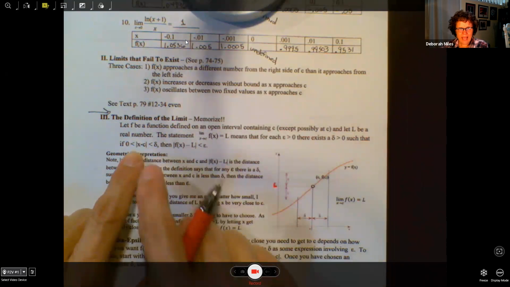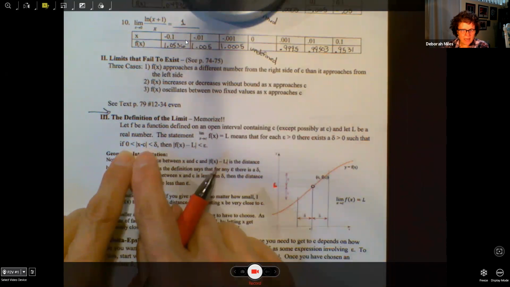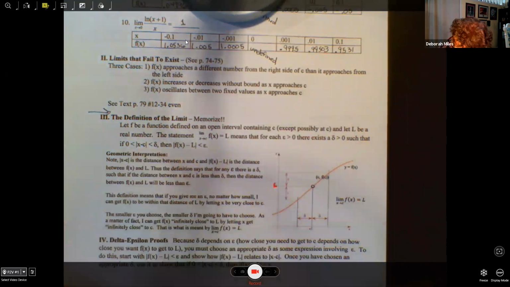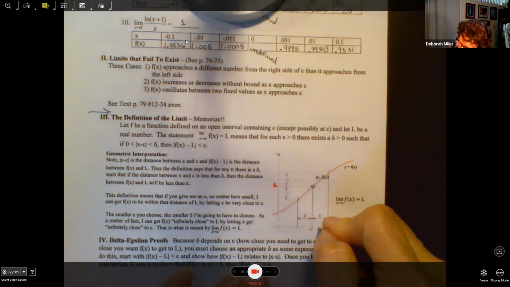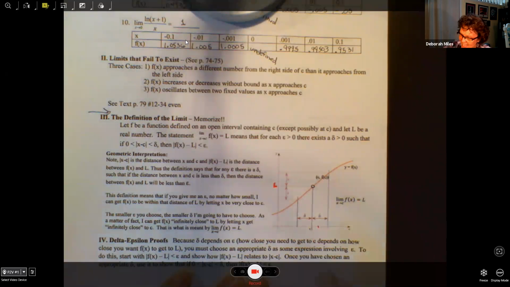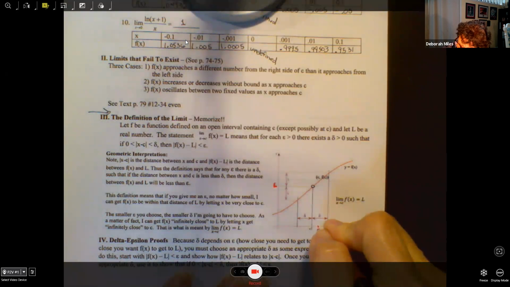Then the absolute value of x minus c, that's the distance between x and c. There's an x here somewhere. There's an ideal level of trajectory for that gun, and for any x, this distance is the absolute value of x minus c.